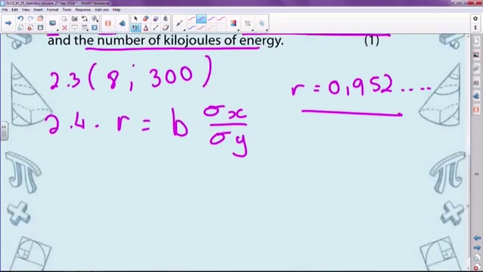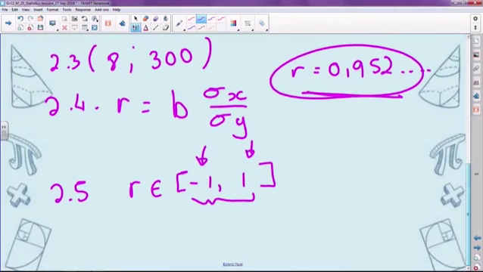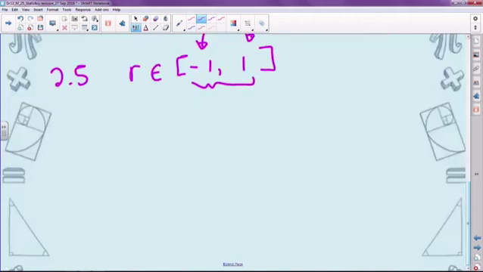2.5, comment on the relationship between the fat content and the number of kilojoules in energy. Well, here we need to remember, we can see that R is 0,952. Remember that your correlation coefficient will always fall between the numbers -1 and +1. It will be some value in that range. R equal to -1 tells you that you have a perfect negative relationship, or if R is equal to +1, you've got a perfect positive relationship.